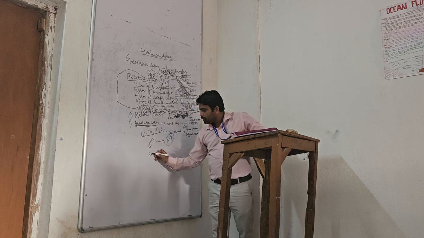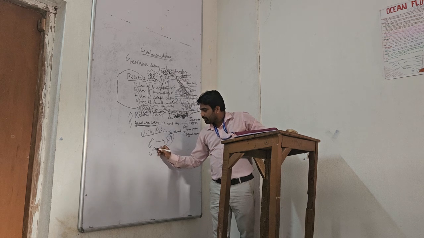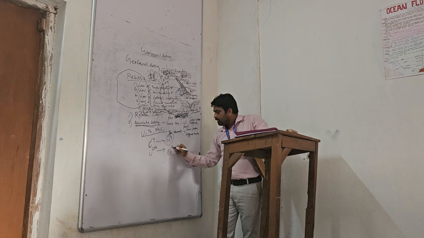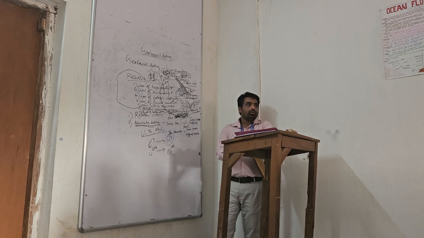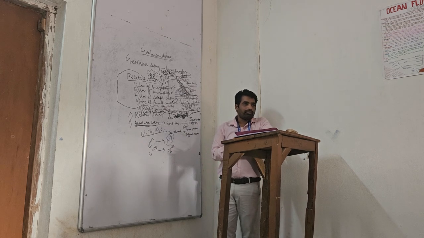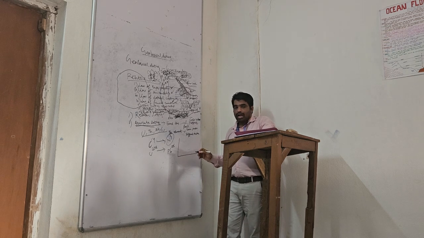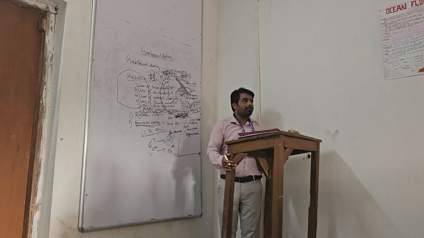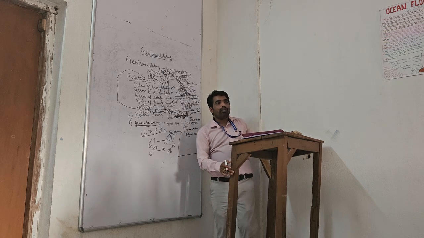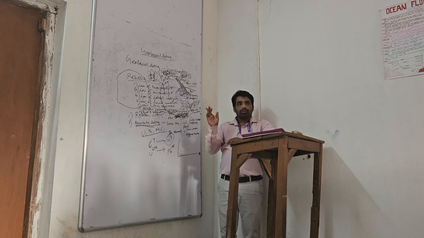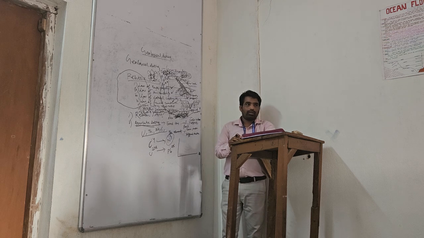If we talk about uranium 238, then how much time it will take to be converted to lead 206. So it is expressed in terms of half-life period. Half-life period means how much time it will take for the total amount to become half the quantity.